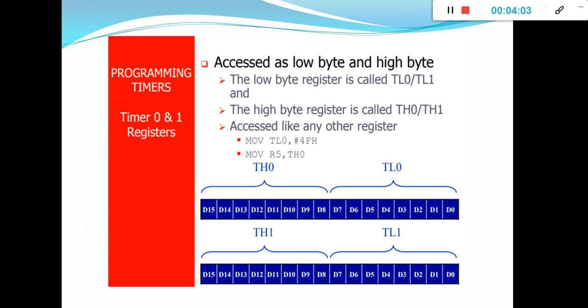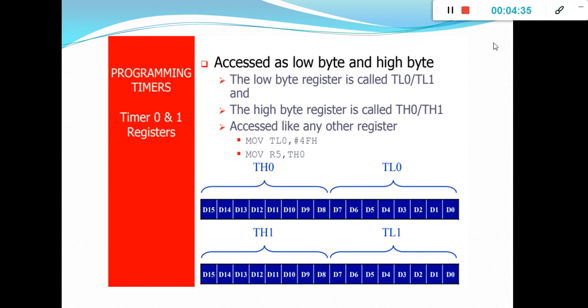Whenever you want to use these timers, you have to use 8 bits of that particular timer. For example, if you take timer 0, the first box is divided by 2. The lower 8 bits are denoted as TL and the higher 8 bits are denoted as TH. The number stands for which timer it is, timer 0 or timer 1.